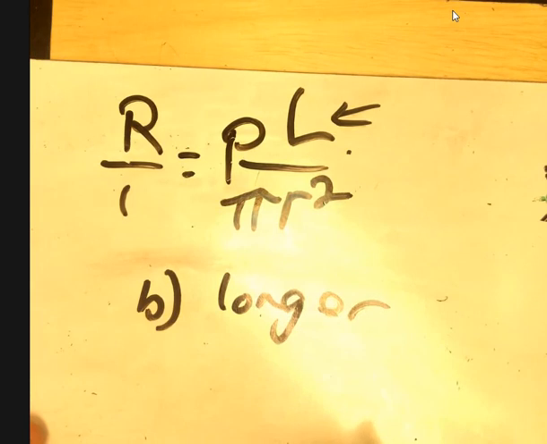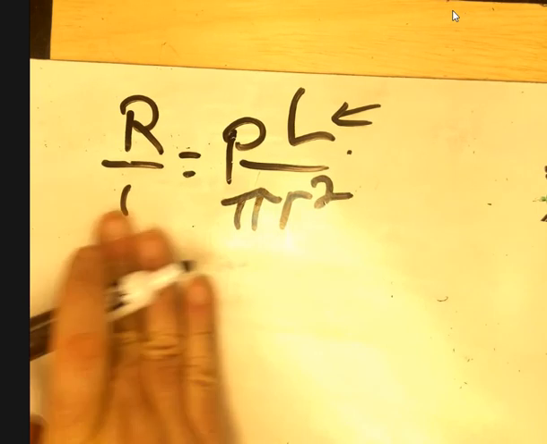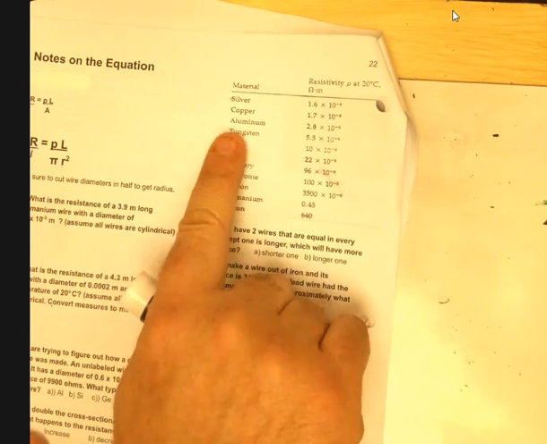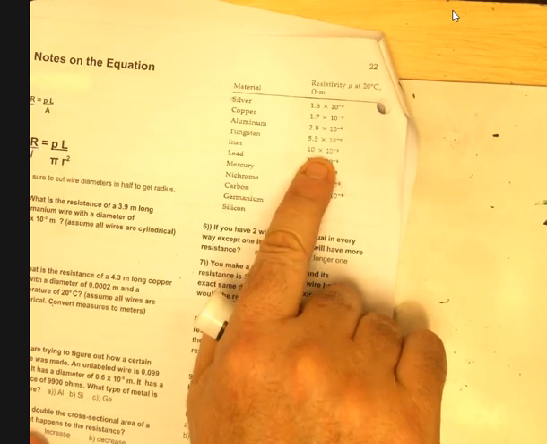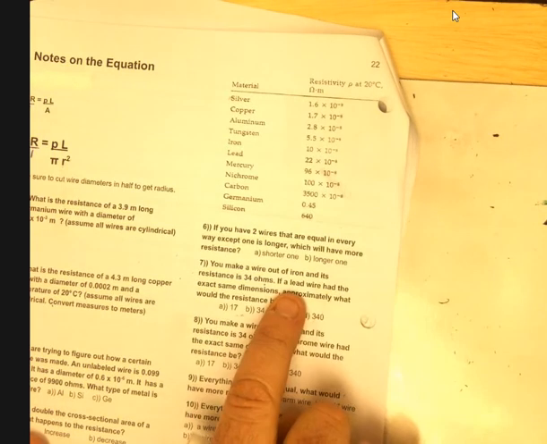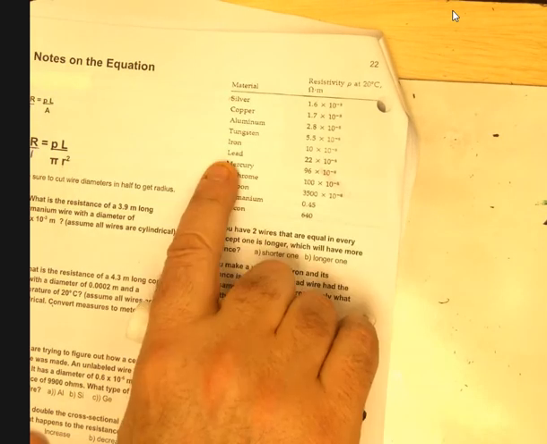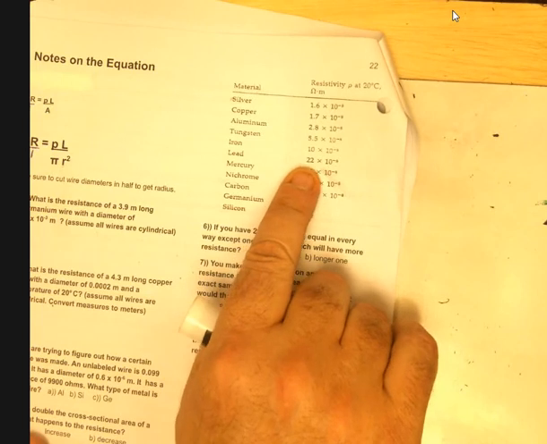Number 7, you make a wire out of iron and its resistance is 34. If a lead wire had the exact same dimensions, approximately what would the resistance be? Okay, so looking up at the chart here, iron has a p-value of 10 times 10 to the negative 8. Lead has a p-value of 22 times 10 to the negative 8.